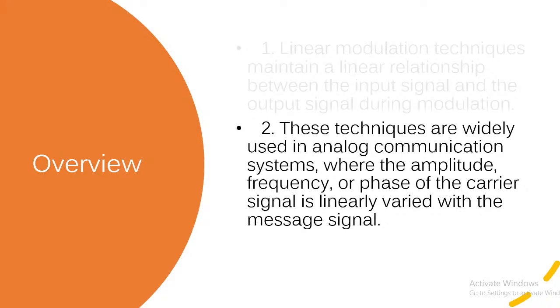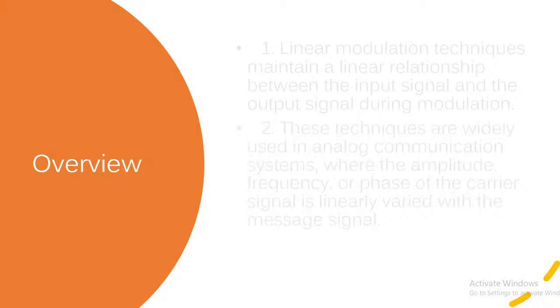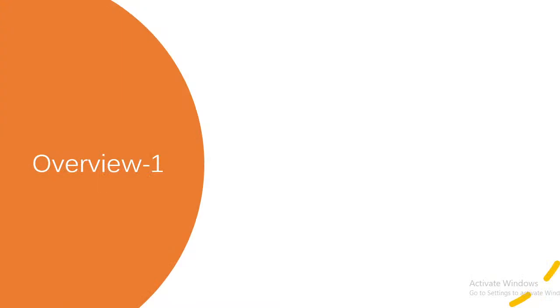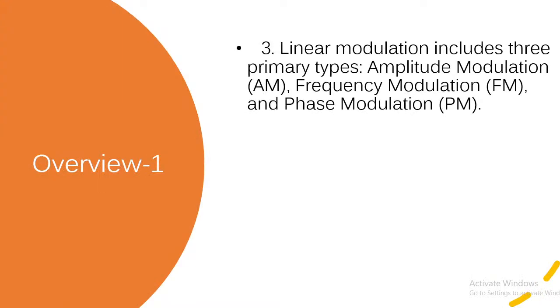These techniques are widely used, particularly in analog communication systems, where the amplitude, frequency, or phase of the carrier is linearly varied with the message signal. The baseband signal is called the original signal or message signal. Linear modulation includes three primary types: amplitude modulation, phase modulation, and frequency modulation.